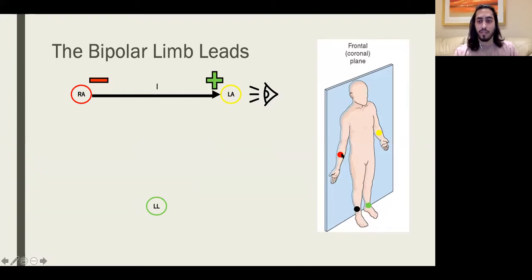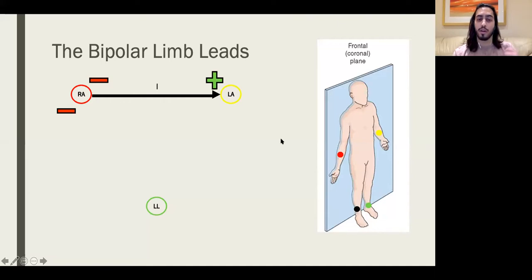Well, if you imagine it here, this anatomically is the left side of the body. So if you're looking at lead 1 from over here where the electrode is, you're looking at the left lateral part of the heart, okay? And imagine it here. If you're looking at this person from this angle, you're looking at the left side of the heart. So when someone says you're looking at the viewpoint of lead 1, you're looking at the left part, okay?